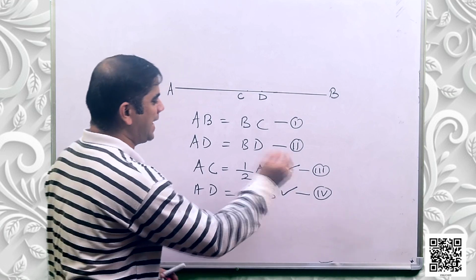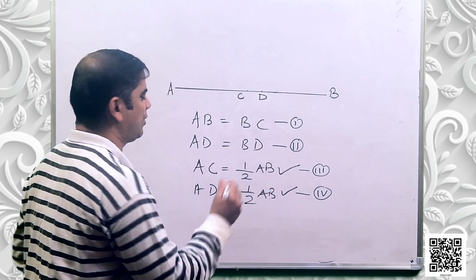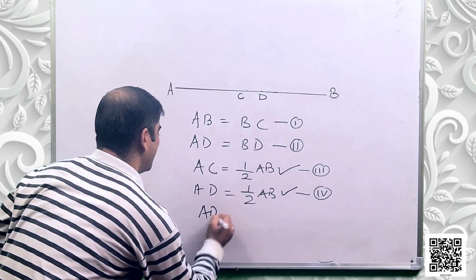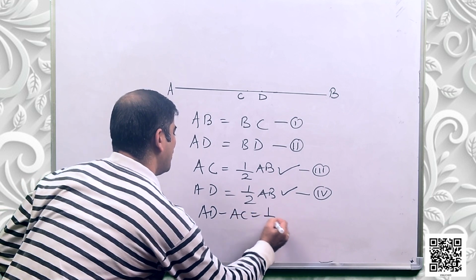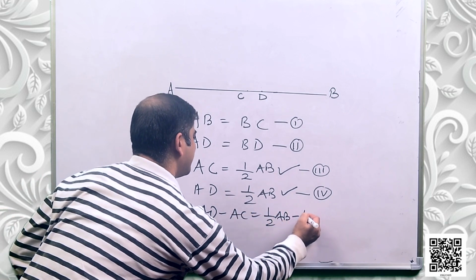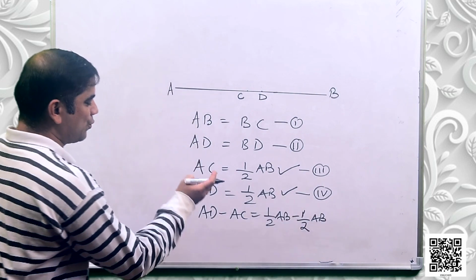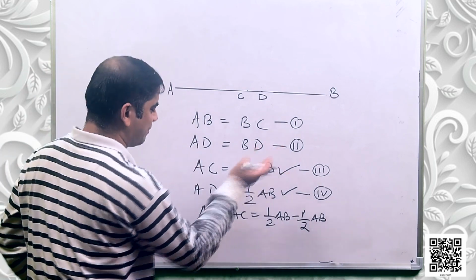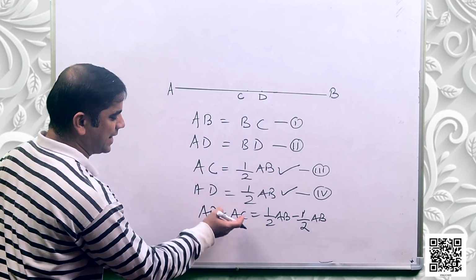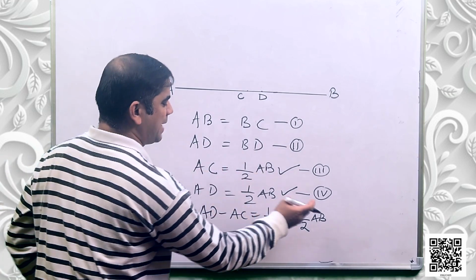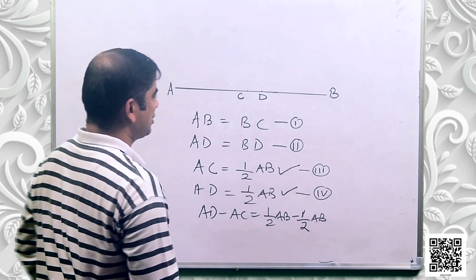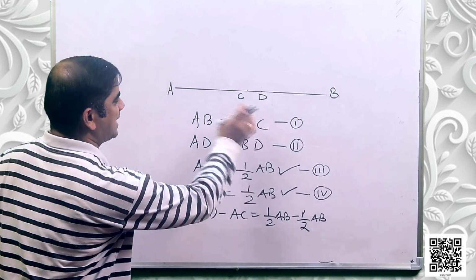When we subtract equation 3 from equation 4, I get AD minus AC is equal to half AB minus half AB.